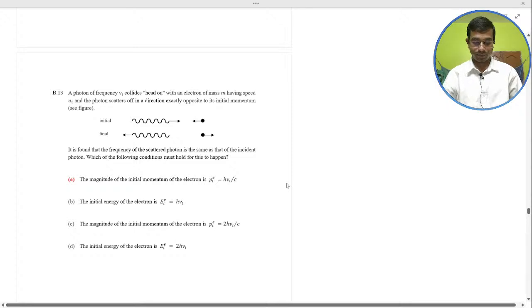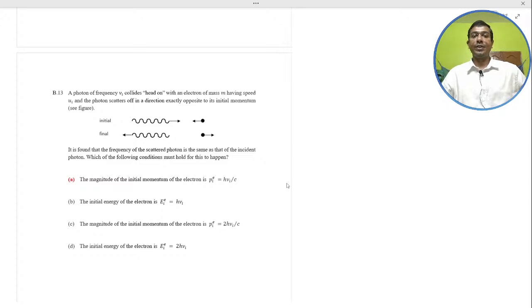Next question. A photon of frequency nu I collides head on, means the two collide in opposite directions, with an electron of mass m having speed ui and the photon scattered off in a direction exactly opposite to its initial momentum, see in the figure.